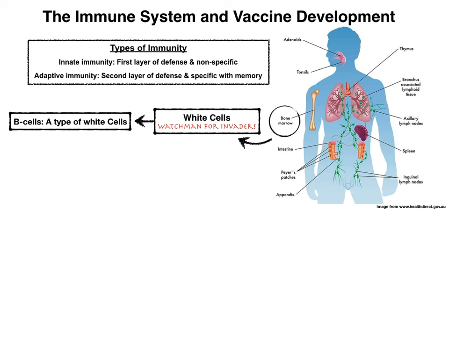B cells can also keep a memory, as I was telling before, so that the response will be quicker and more efficient. There's another type of white cell called killer cells. Some of these killer cells can recognize a cell that is infected by the virus and kill those cells, meaning these are human cells.